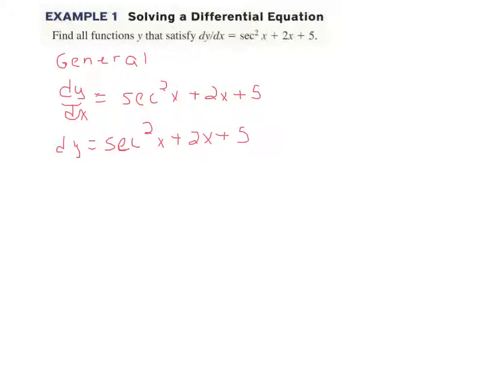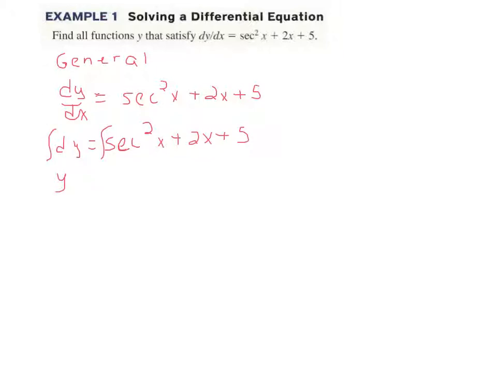So if you remember from last unit, we would write out the differential equation, dy/dx equals secant squared x plus 2x plus 5. And then we would write it so that the dx moved over to the side with all the x's. And if we had had any y's, we would have them be on the side with the dy. And then we integrate both sides.